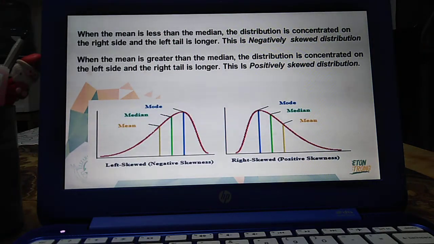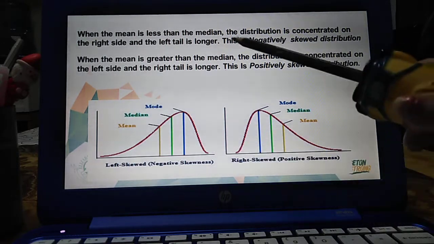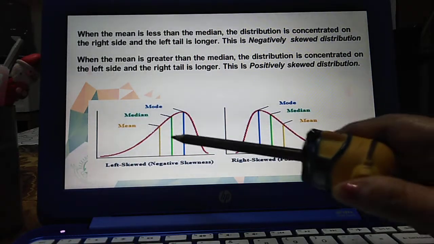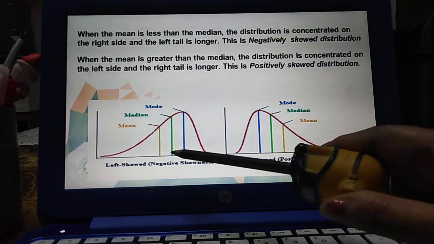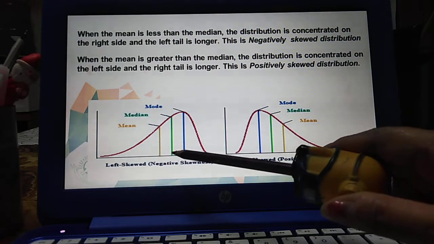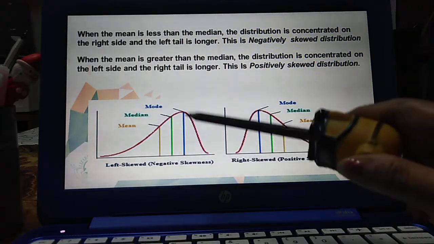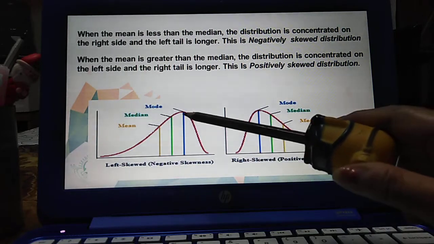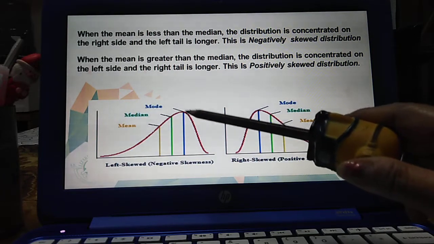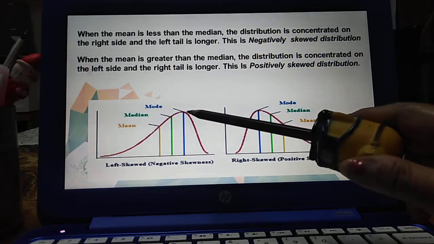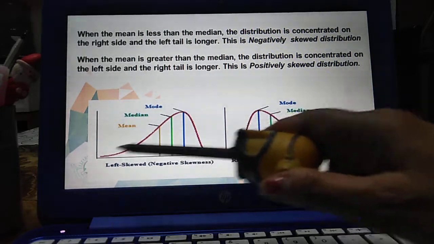So these are examples of a curve. Now, looking at the left graph, if the mean is less than the median, the distribution is concentrated on the right side. So there is more data here, and the left tail is longer.